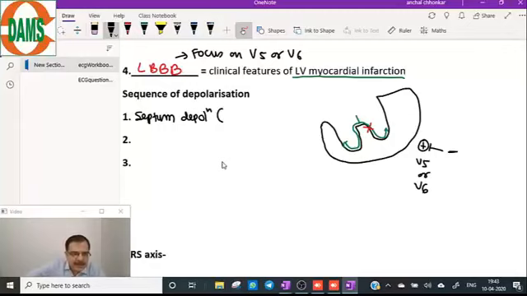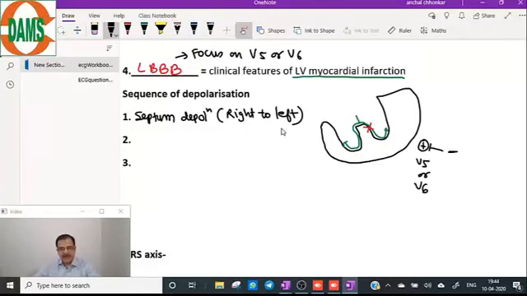But very, very important, in the above three cases, the septum was getting depolarization from the left bundle, but here the left bundle is diseased, blocked. So how will the septum depolarize? The septum will wait. The septum will take the impulse from the right bundle, mandatory, because the left is diseased. So there will be septal depolarization, and now the direction will change. This direction will now be right to left. This is a very important change.